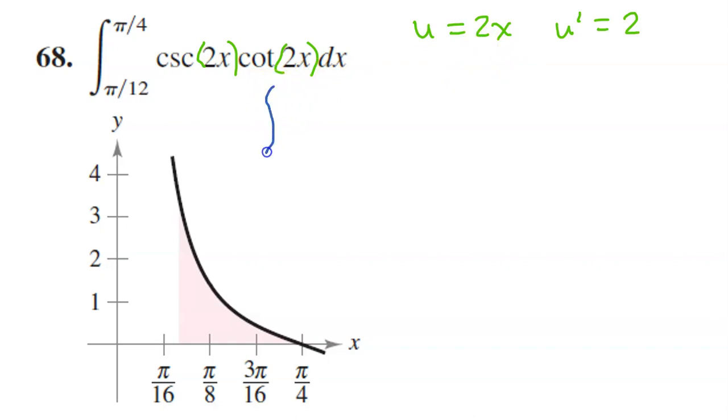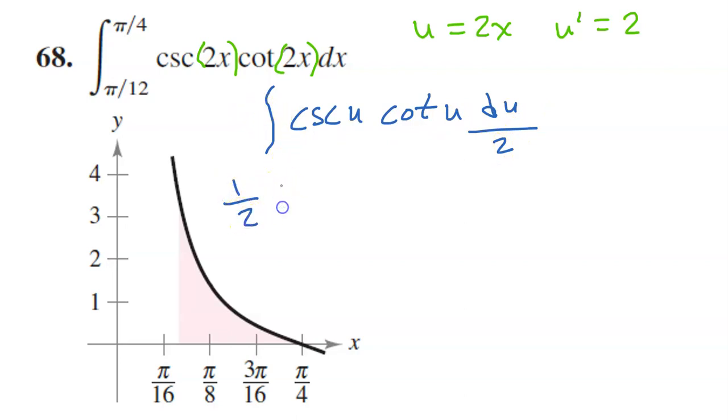So let's go ahead and write cosecant u cotangent u. Instead of dx, we write du over u prime, which is 2. So this 2 is going to end up out in the front as a 1/2. So we have 1/2 integral of cosecant u cotangent u du.